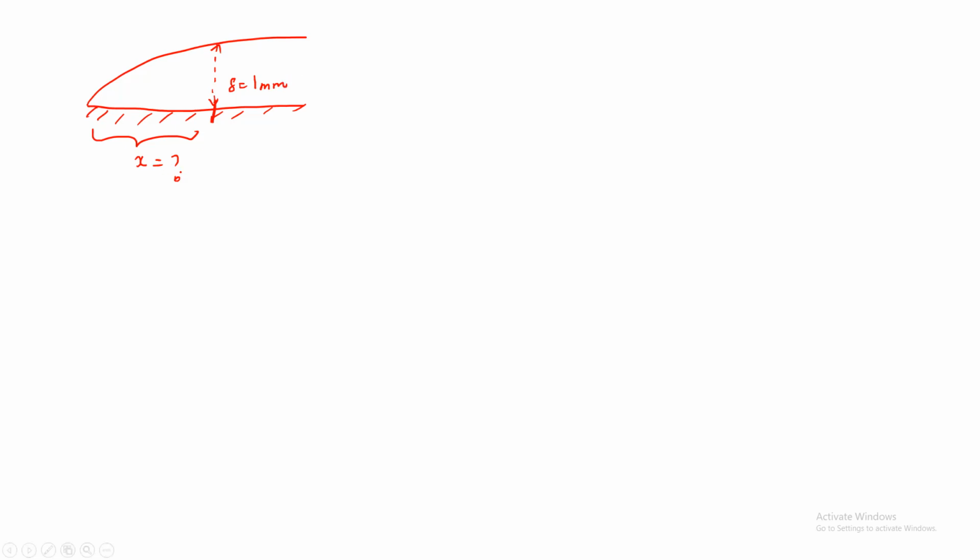So what is the equation that relates the boundary layer thickness and the distance from the leading edge? That is the boundary layer thickness formula for laminar incompressible flow of air over a flat plate: delta equals 5x by root of Reynolds number at x. The Reynolds number is given by rho u x by mu, so delta equals 5x over root of rho u x by mu.